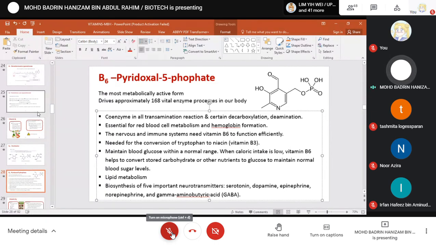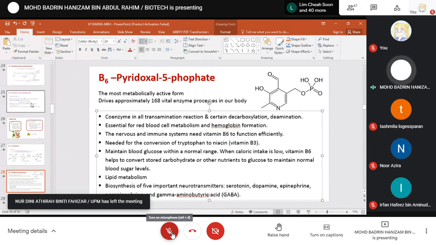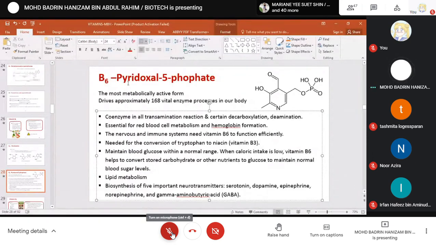What else is a vitamin that's important for neurotransmitters? I think vitamin B5, right? The rest, vitamin B1, B2, B3, are not involved in neurotransmitters, but vitamin B5 is important for acetylcholine synthesis. But even more important is vitamin B6, for the synthesis of 5 important neurotransmitters.